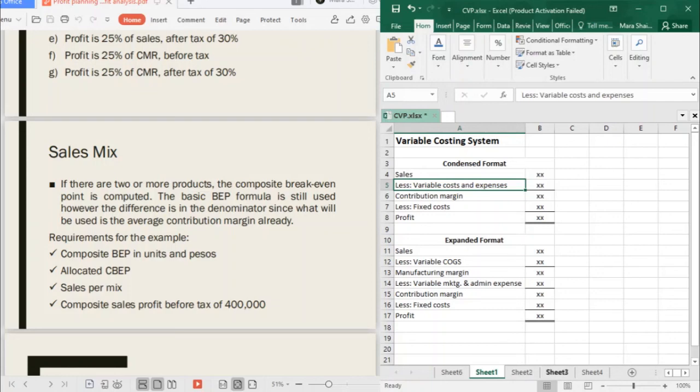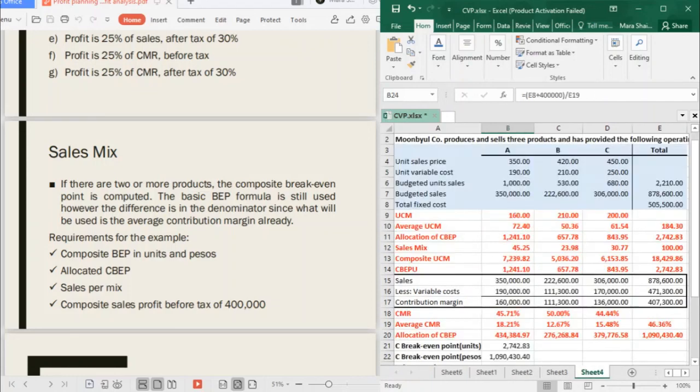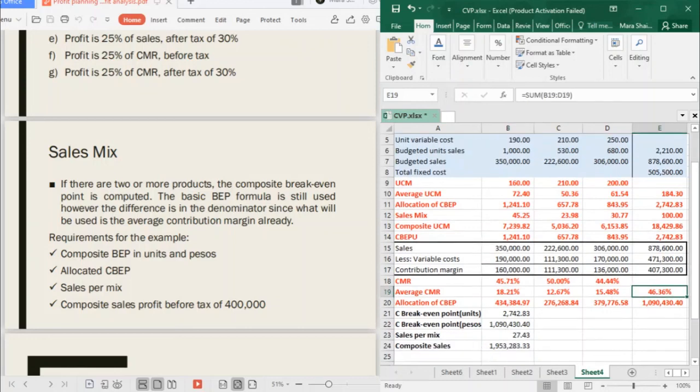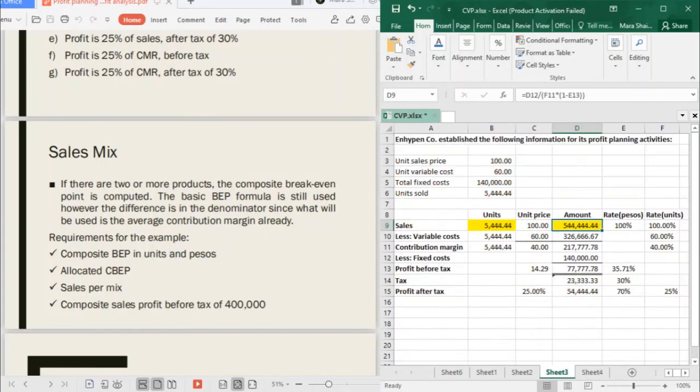Even when you are computing for the composite, the only difference is in the determination of your average unit contribution margin or average contribution margin rate. All the other things are the same. So, those basics are what you should remember.